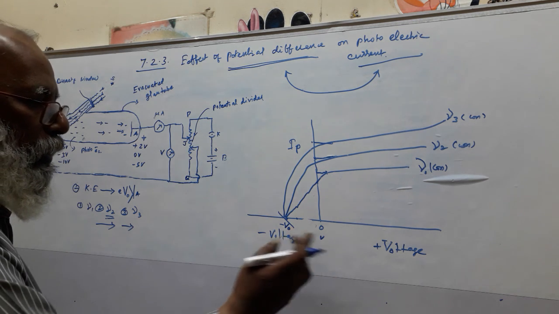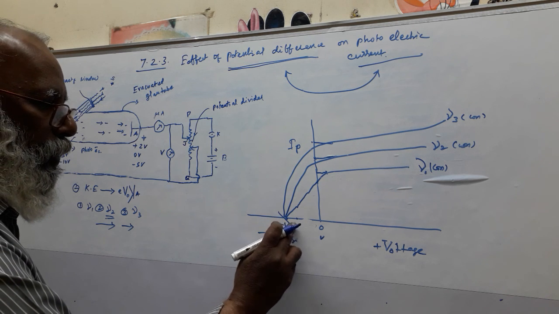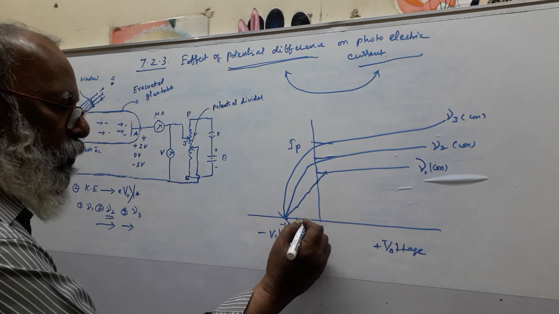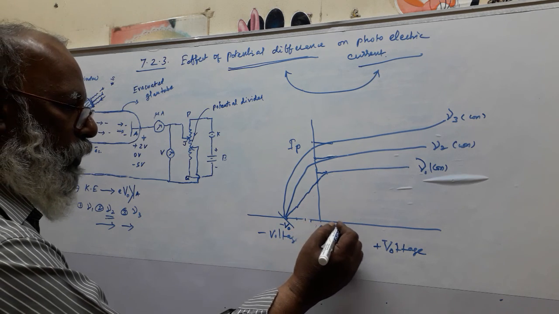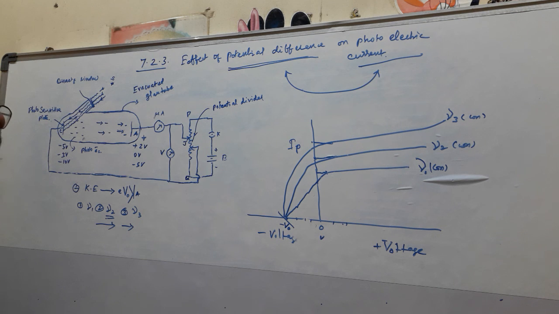But above the cutoff voltage, if you modify the value of V0 toward 0 or in the positive direction, it may vary. That's a very important concept that we are analyzing in this graph. We got a very good answer. Cutoff voltage is constant. Are you clear?